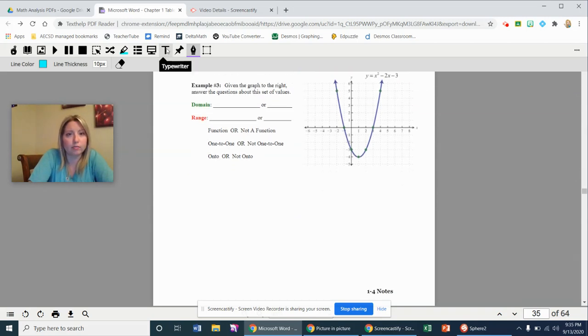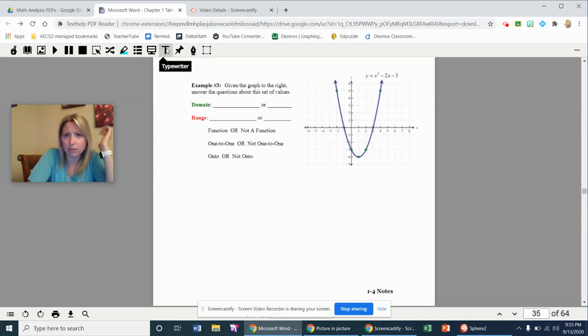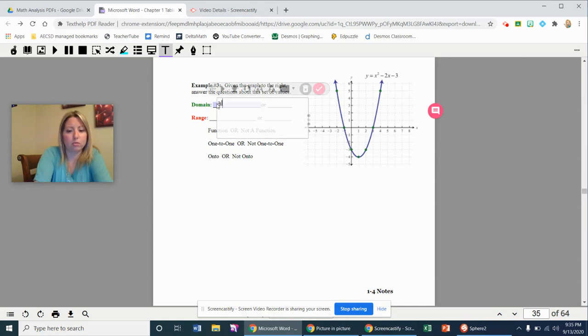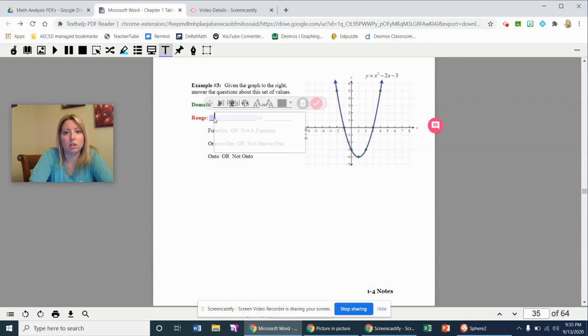All right. Let's see. Given the graph to the right, answer the questions about the set of values. Oh boy. Well, your domain is going to be all real numbers because all your x values are being used to infinity in both directions. But your range stops down there, so I'm going to need my math type down here.